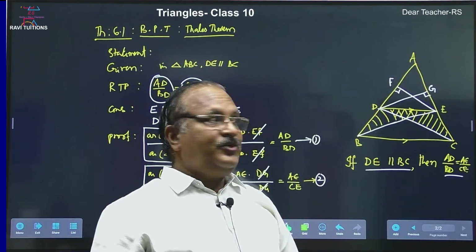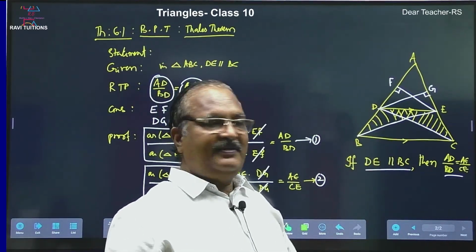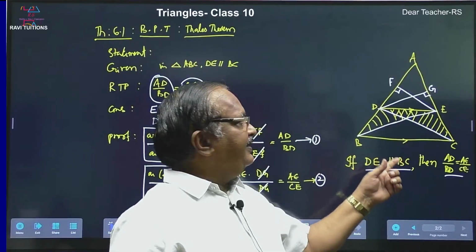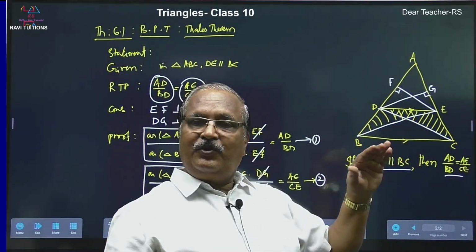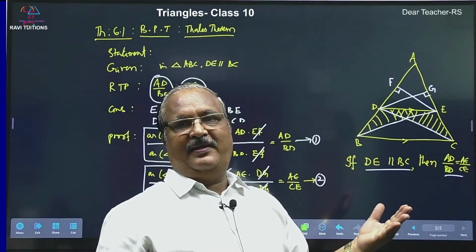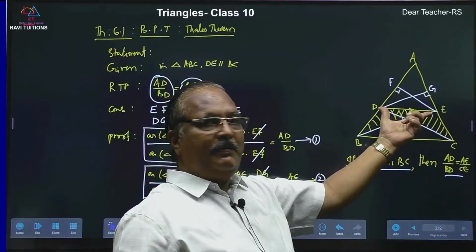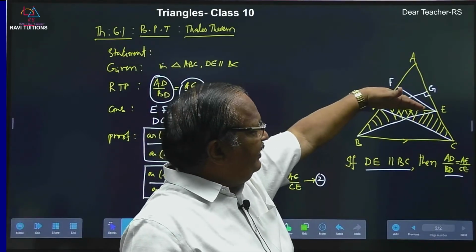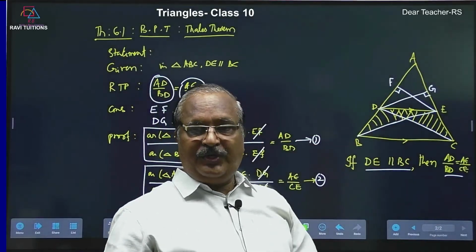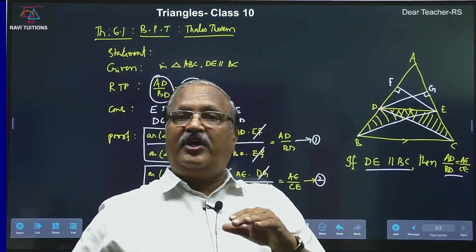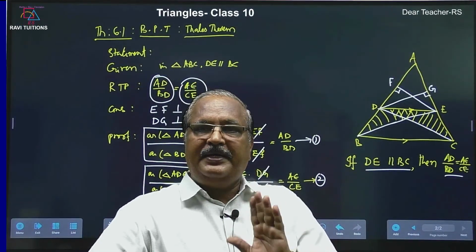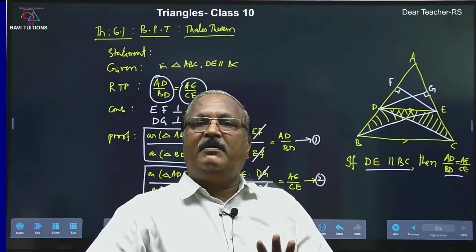So they have the same base. Both triangles BDE and CDE are on DE, that means both have a common base and they are between DE and BC. So here you have to apply one theorem. Triangles on the same base between the same parallels are equal in area.